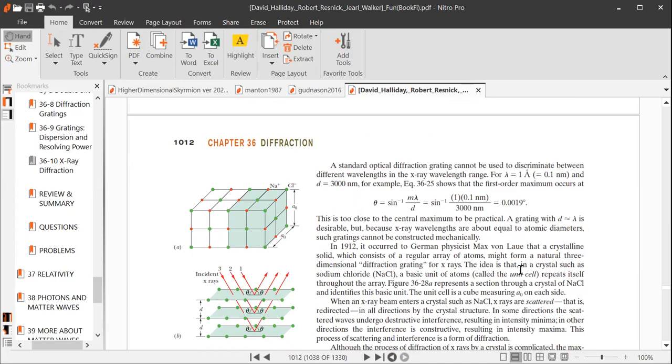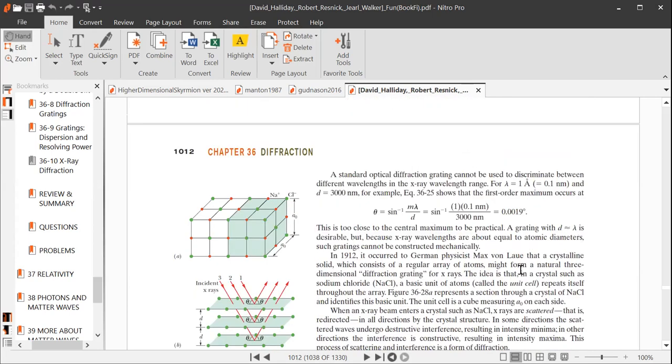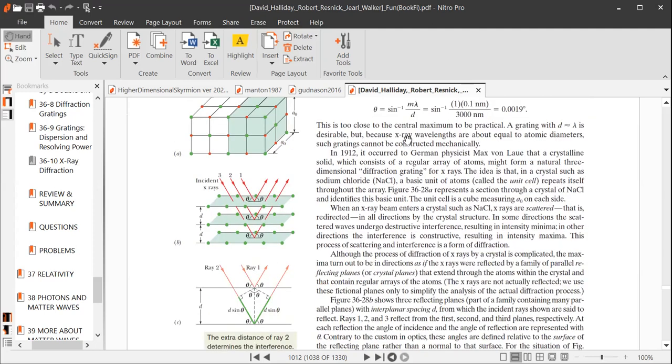That's why with X-ray diffraction we can determine D here. D is the distance between two ions, or the distance between two atoms, something like that.